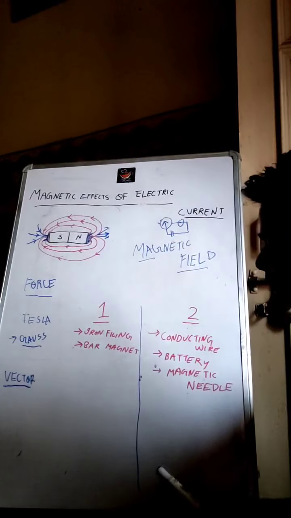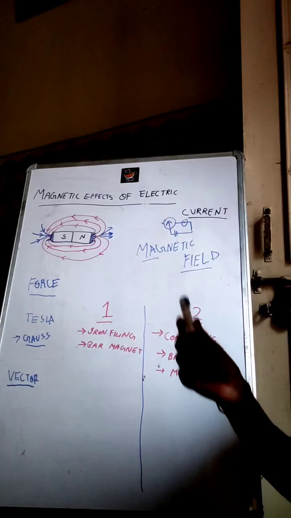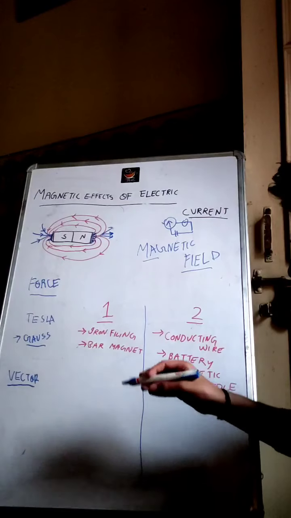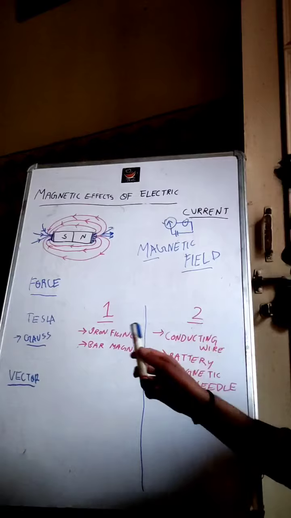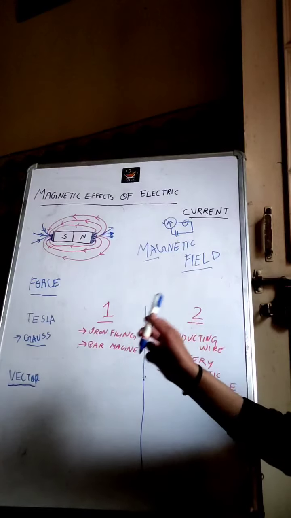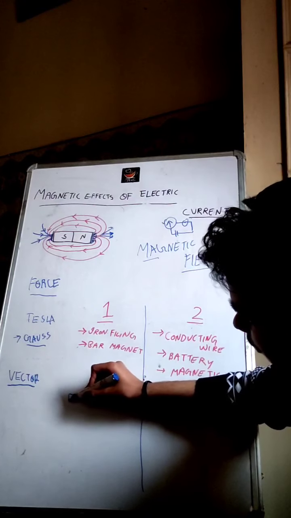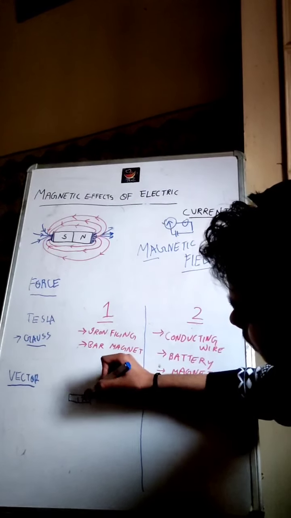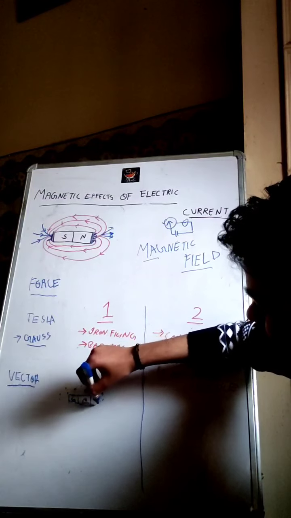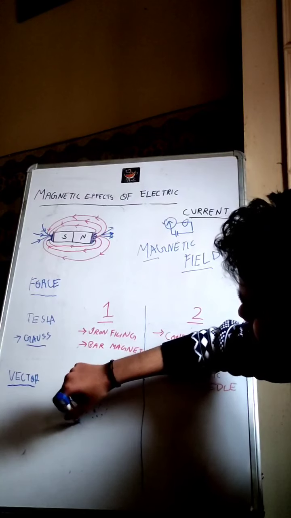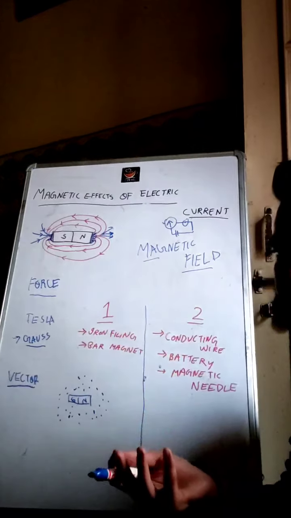Now there are two experiments to find the direction as well as to find the magnetic field around the magnet. In the first one, you will need iron filings and a bar magnet. First, place the bar magnet on a plain surface or a cardboard. Now, sprinkle all your iron filings around it. Just sprinkle them randomly. Iron filings are like powdered dust.